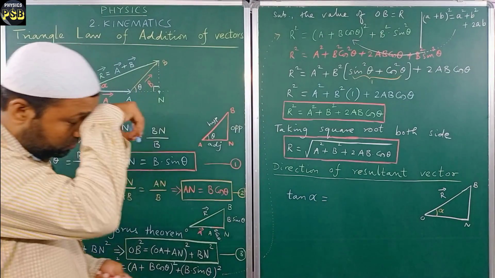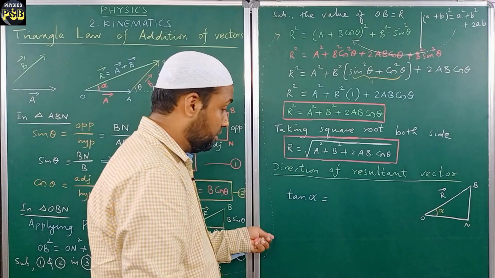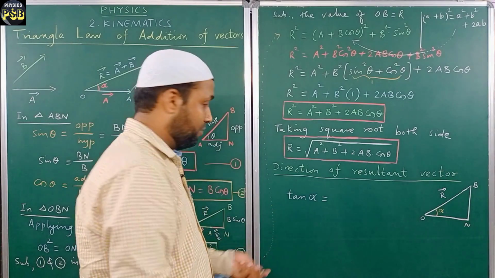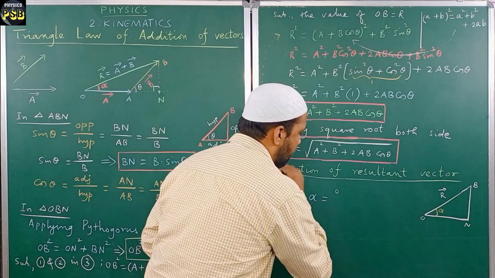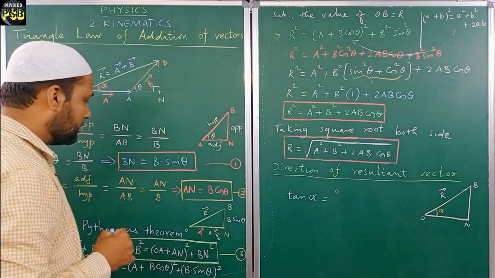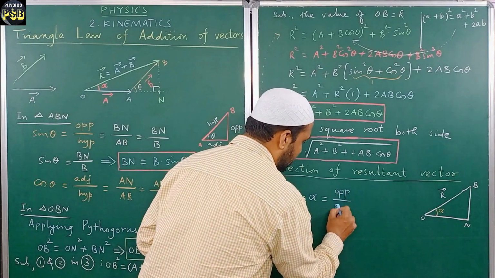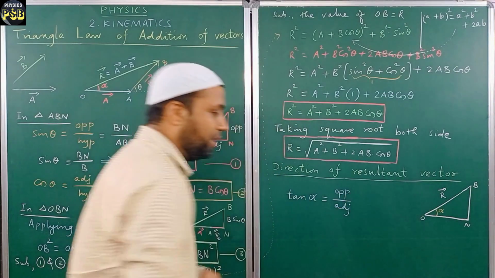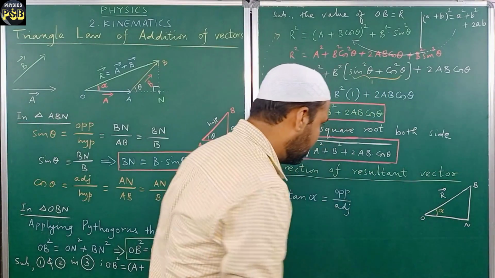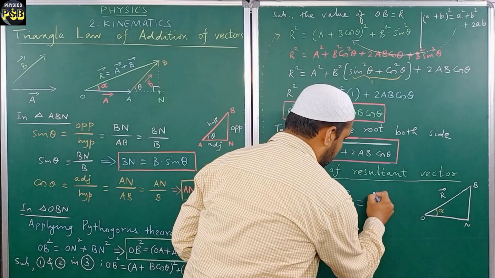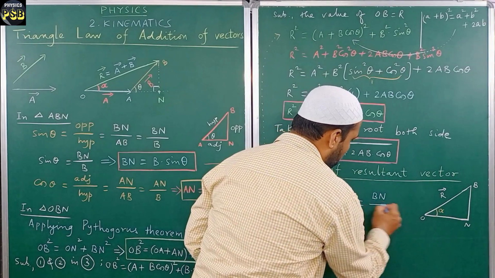You know the formula of tan theta or tan alpha: opposite side divided by adjacent side. What is the opposite here? Opposite is nothing but BN here from the diagram, and the adjacent side is ON here.